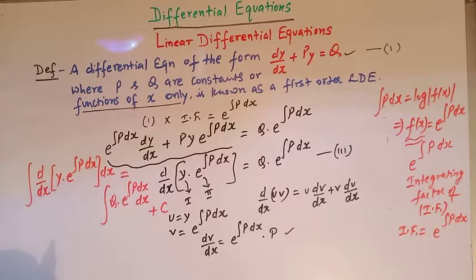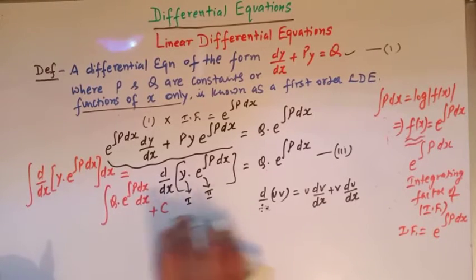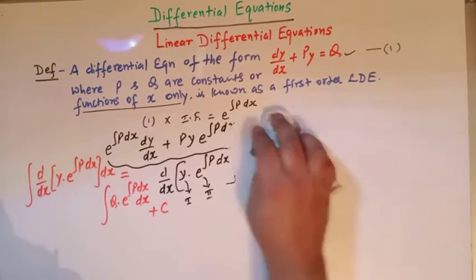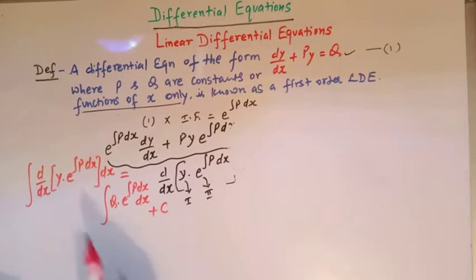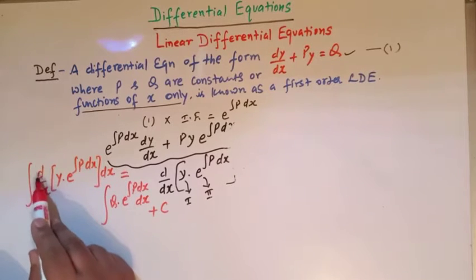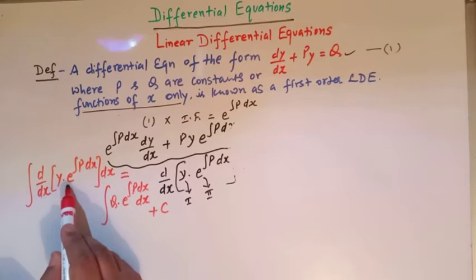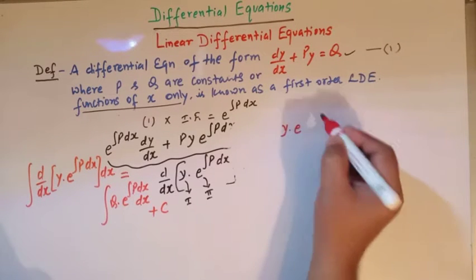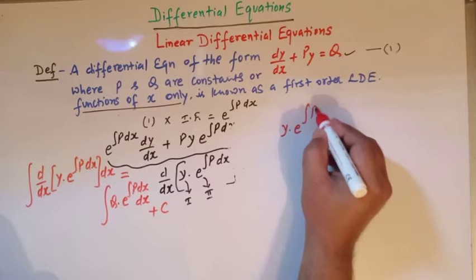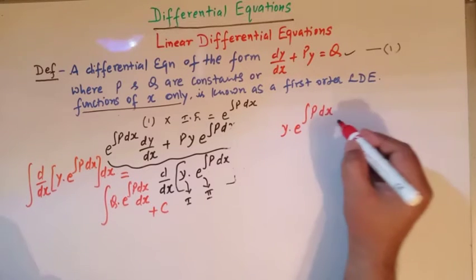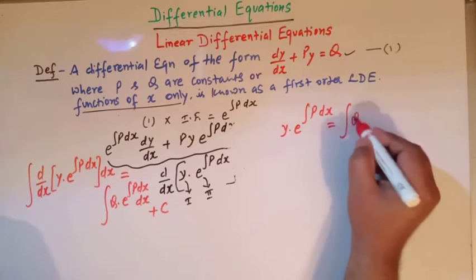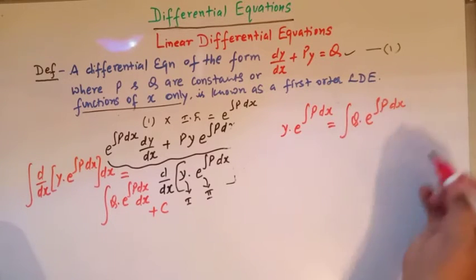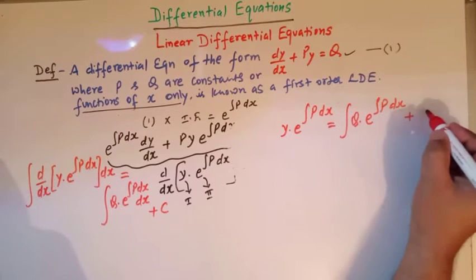Clear? Now viewers, we can write this expression as the integral of d by dx of y times e raised to integral of p, which gives y times e raised to integral of p equal to integral of q times e raised to integral of p with respect to x, plus c.